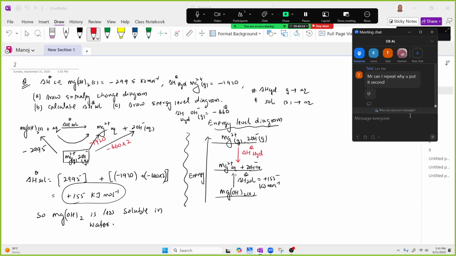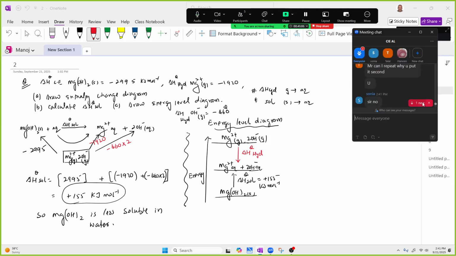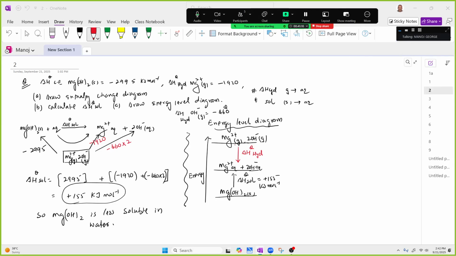Why did you put it second? Talal, are you talking about aqueous in the second line? Okay. Look at the value of the solution. Isn't that plus? So solid to aqueous is plus 155.